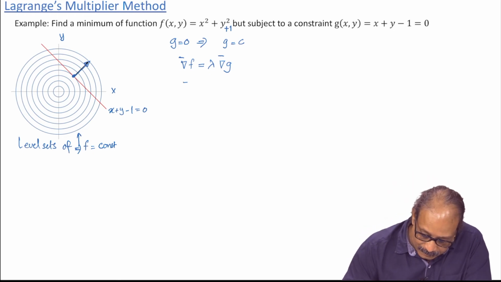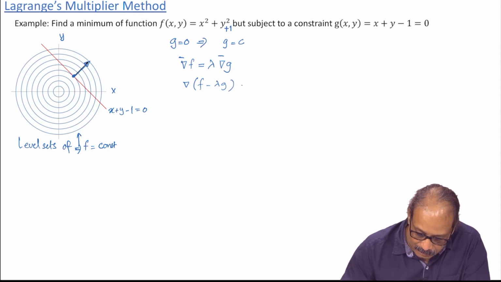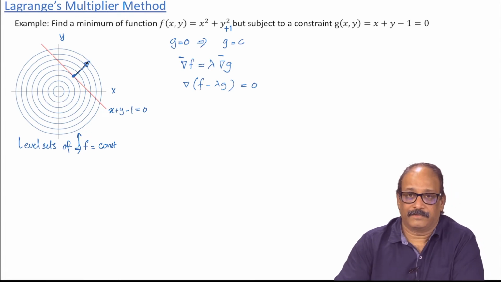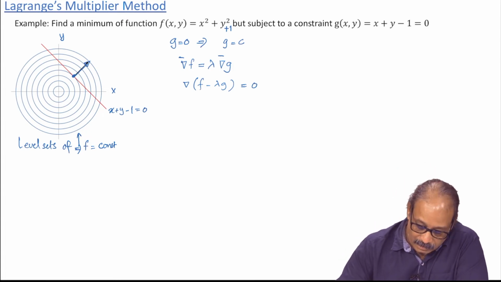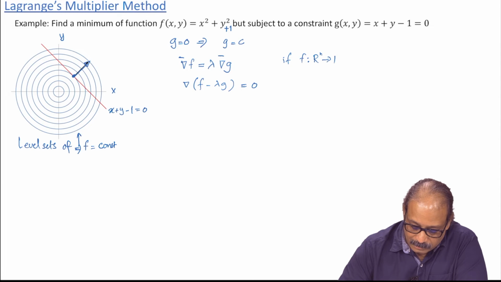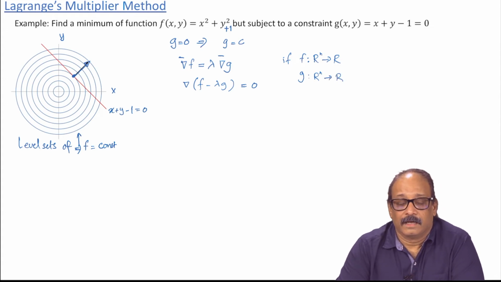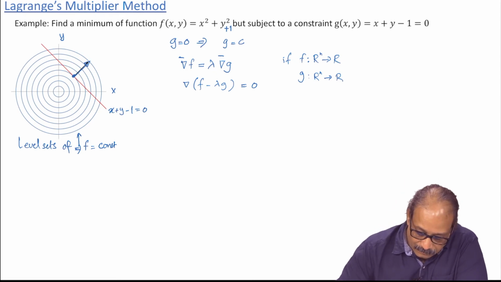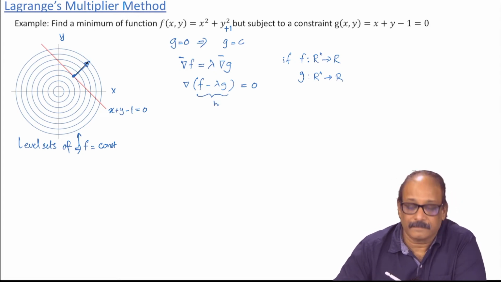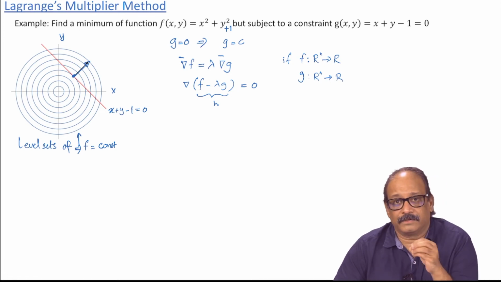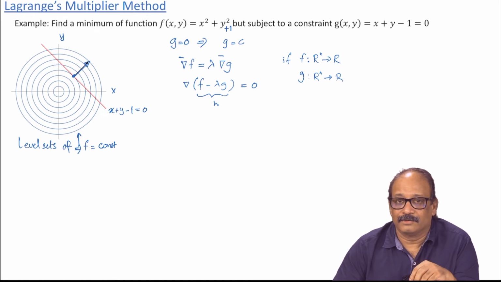So, let us write this again as f minus lambda G, this must be equal to 0. And if I write it for a more general situation, if f was a function from Rn to R and G is also some constraint defined over Rn, in which case you can think of f minus lambda G as a new function h, and all that we are trying to do now is trying to find the minimum of this function h using a standard procedure.